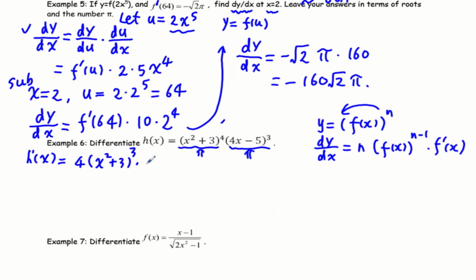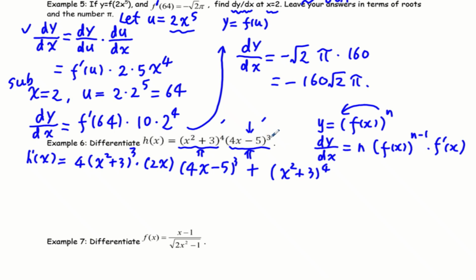So this is the base, x squared plus 3, the derivative gives us 2x. Then this is the first term derivative, copy the second term here. We don't touch it.